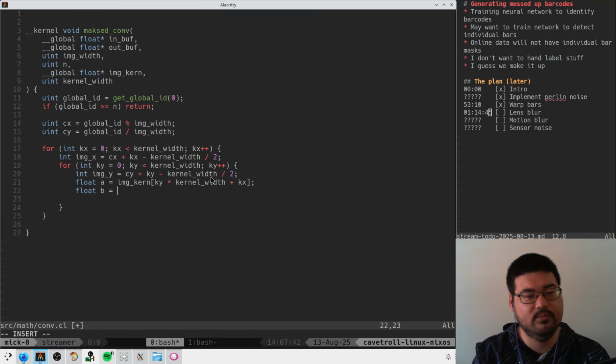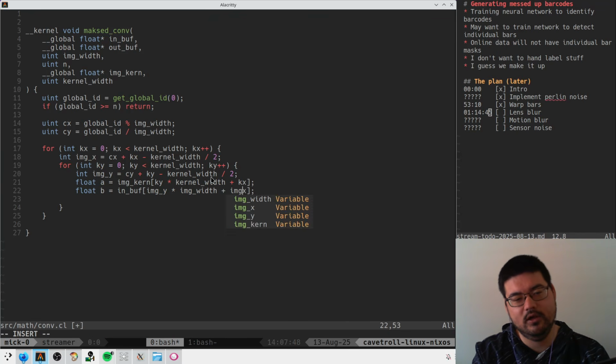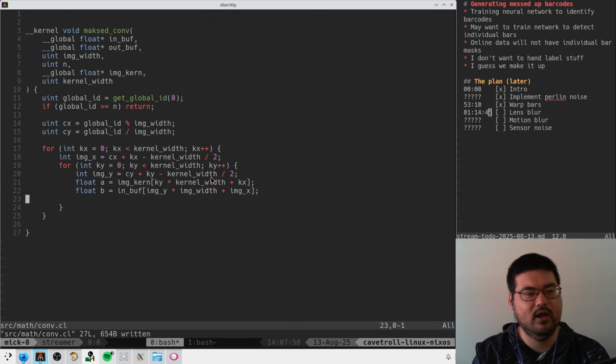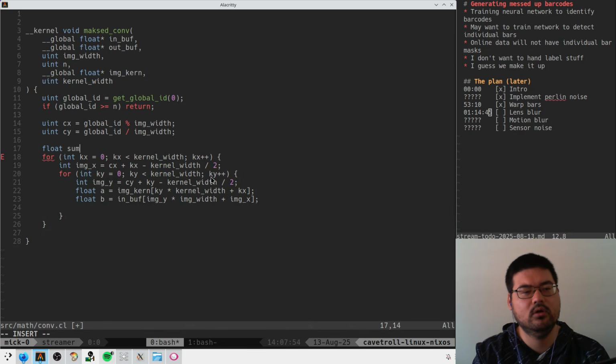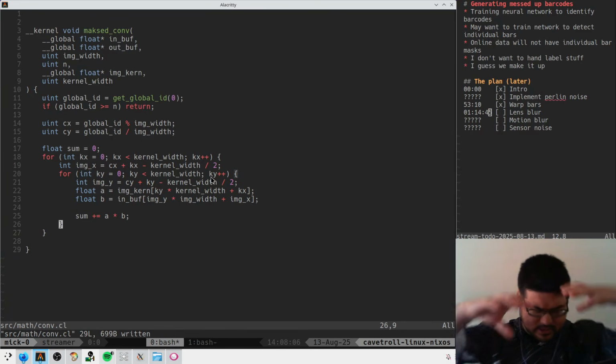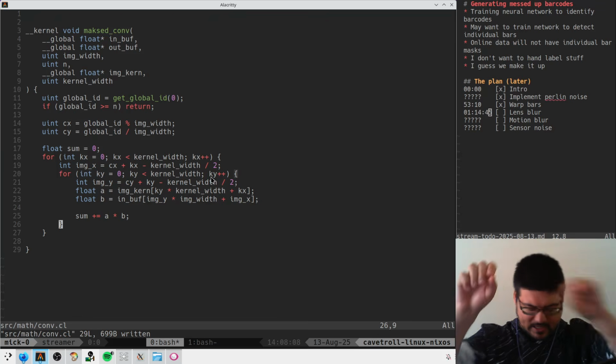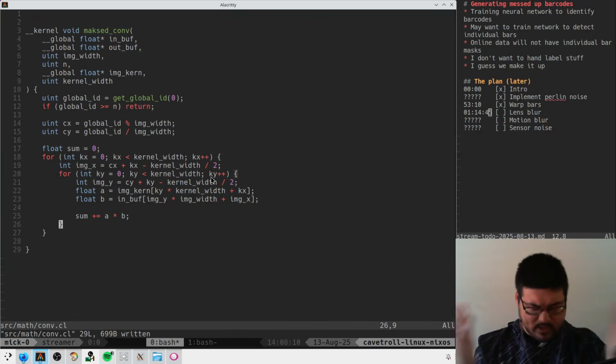So this comes from in buff, image y times image width plus x, image x. And then we have the sum here. And so we take all of the pixels around us, we multiply, add them, and then this is going to be way out of range.